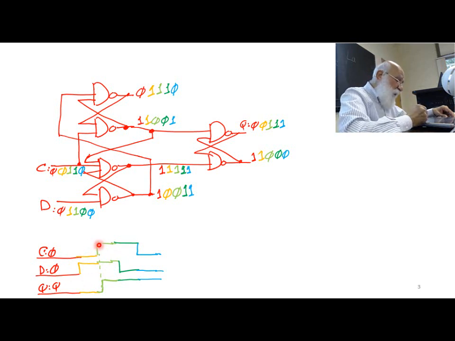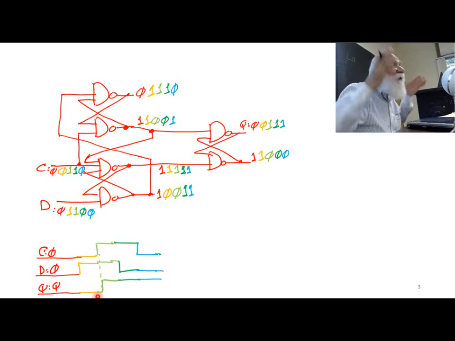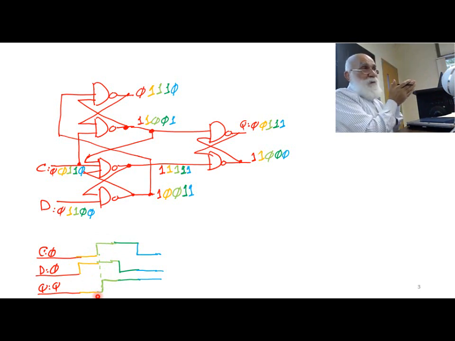When the clock goes from 0 to 1, the value of D goes into the output right there. Okay? And then the clock being 1 doesn't cause any changes. Even if D goes 0, 1, 0, 1, the output is 1 already.